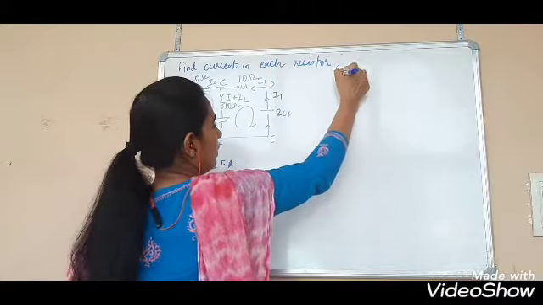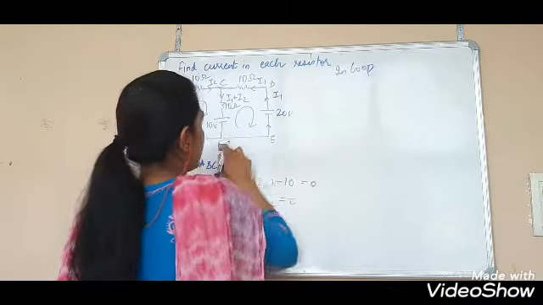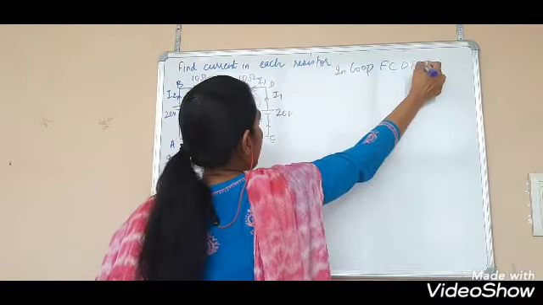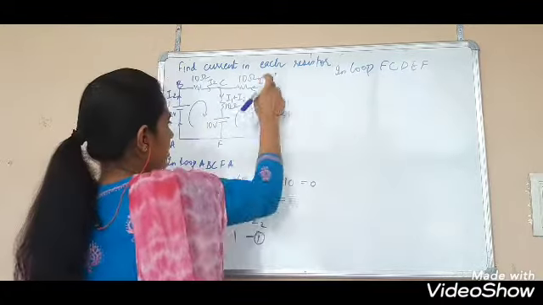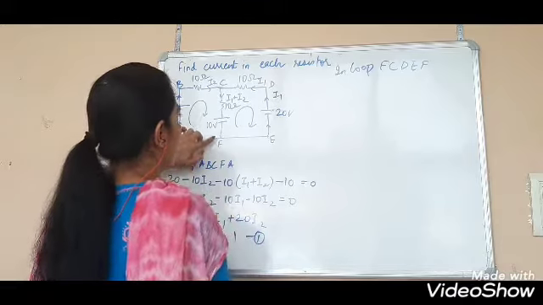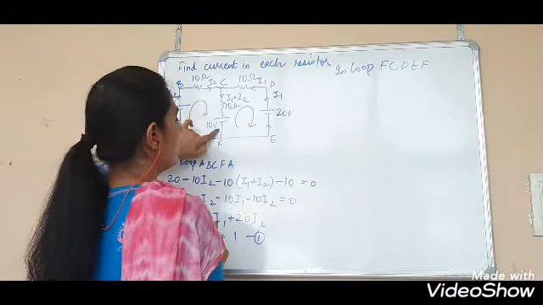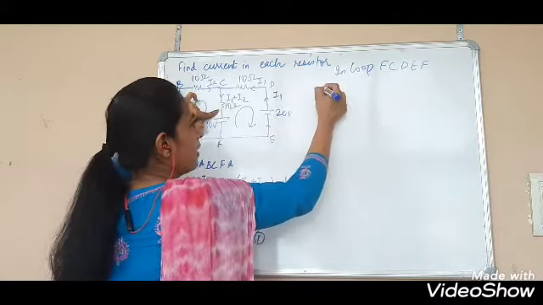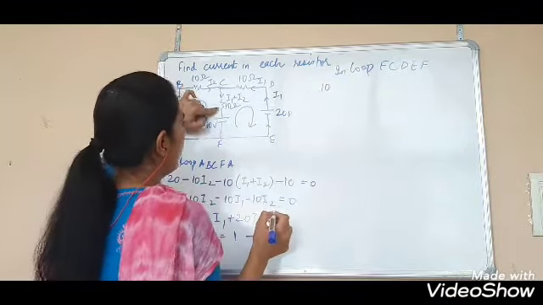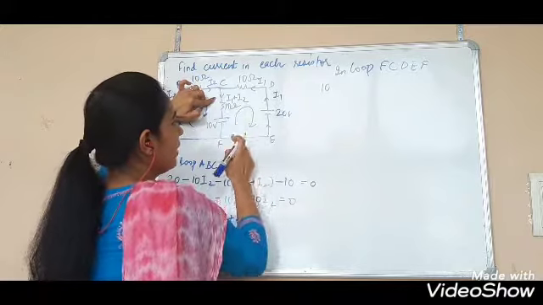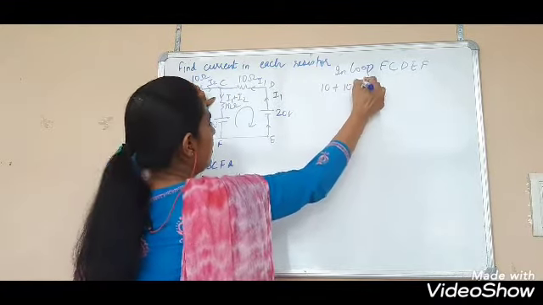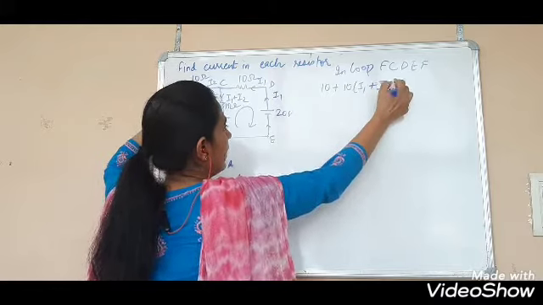Then in the next loop, F, C, D, E, F. Again, while going from F to C, in this cell there is a potential gain, so plus 10, lower to higher. Then here current and path are opposite, so that will be plus 10 (I1 plus I2).